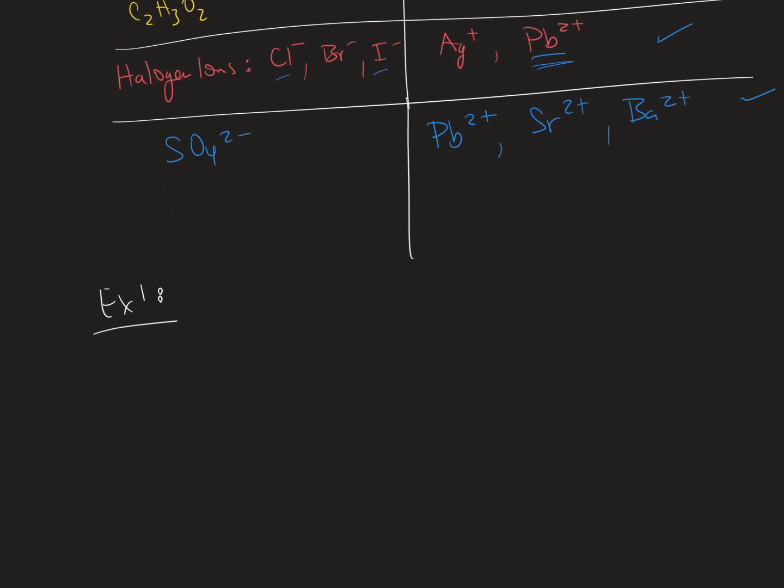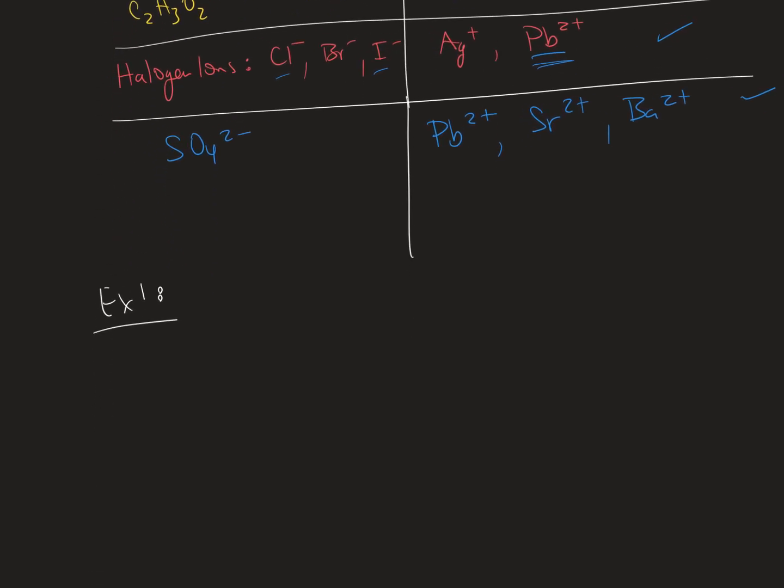Okay, example 1, we have NH4NO3. Soluble or insoluble? Do we need to remember this table? Yes. What do you think? Soluble or insoluble? Soluble because of both ions. There's no exceptions on either of those, right? So how do we mark that it's soluble? AQ.